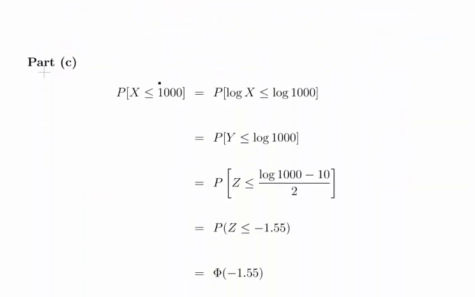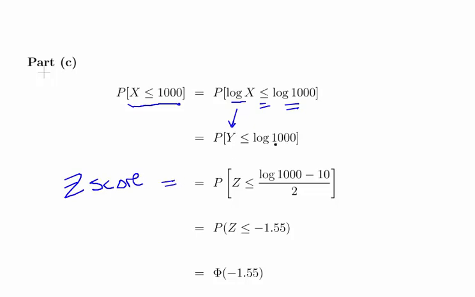But we know we can express things in terms of the logarithm. So the probability of x being less than 1000 is equal to the probability of log of x being less than log of 1000. And we know that the log of x is y, and that it's normally distributed. So essentially we can turn this into a normal distribution question now.